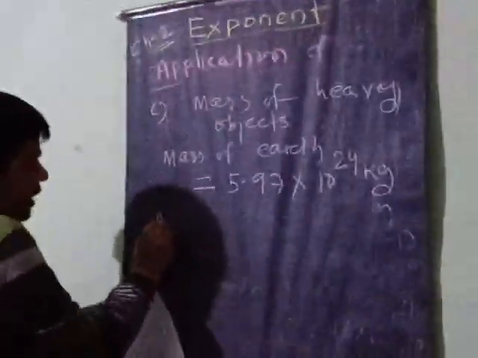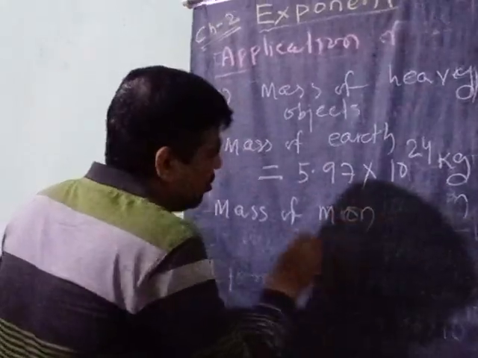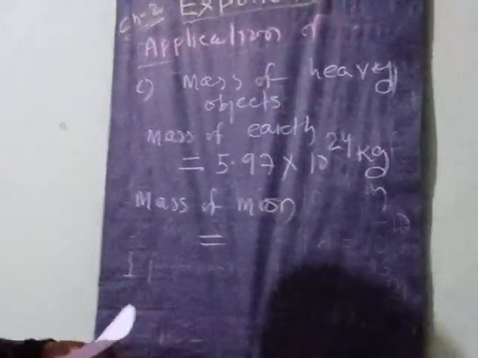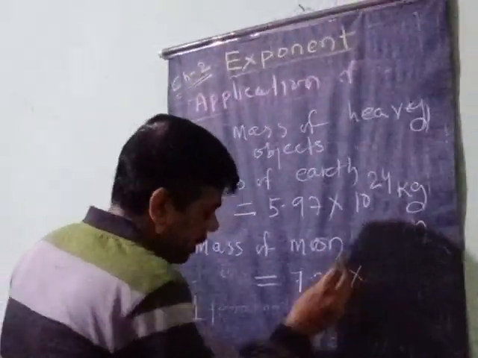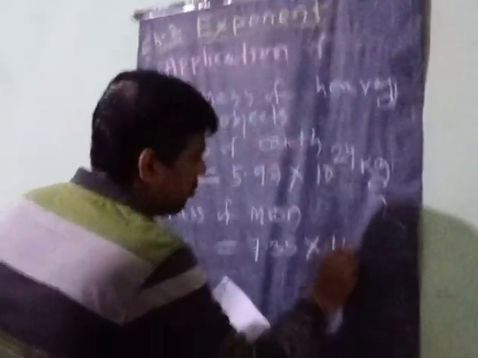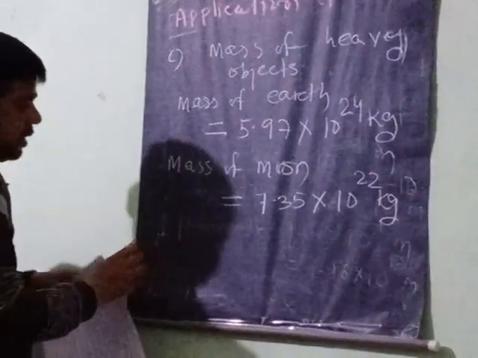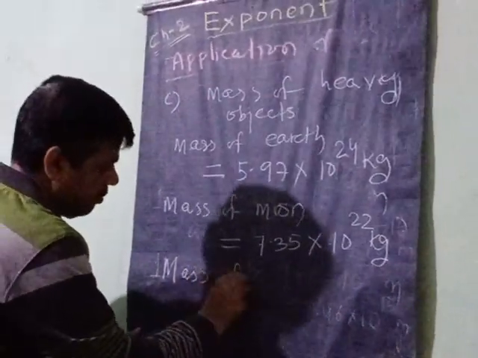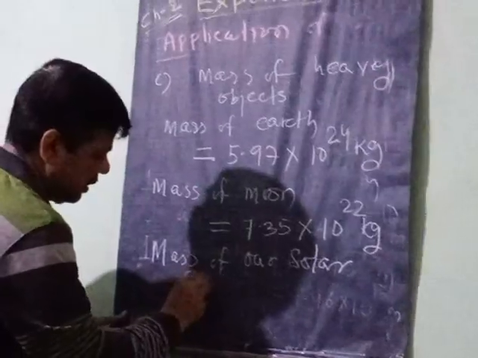Okay. Similarly, the mass of the moon is equal to 7.35 into 10 to the power 22 kg. Remember, students? And most interestingly, you will see the mass of our solar system. How interesting it is.